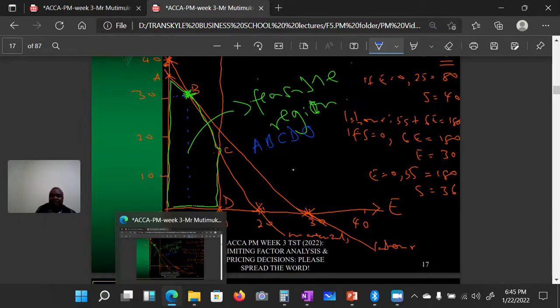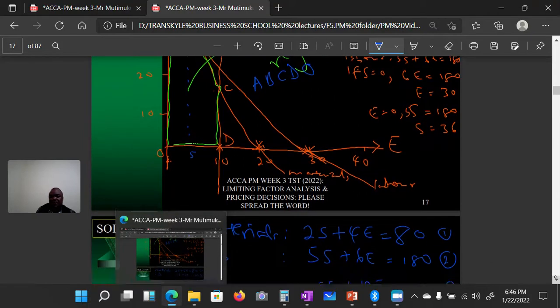If we produce and sell 5 executive chairs and 30 standard chairs, we are going to achieve optimum contribution, or the highest contribution possible. Are we together?